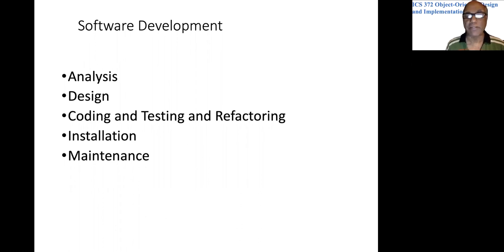That is called refactoring. And once we finish testing and once we are confident that we have a working system, we install it on the client's machine, and the system is then used, and we do what is called maintenance.